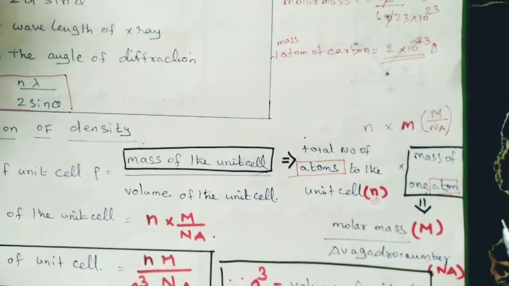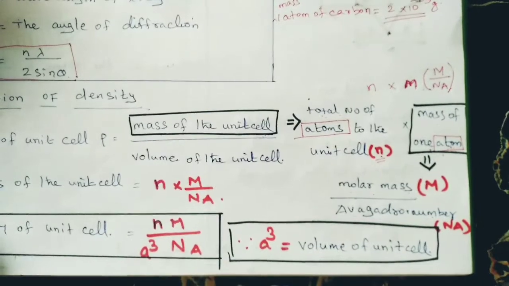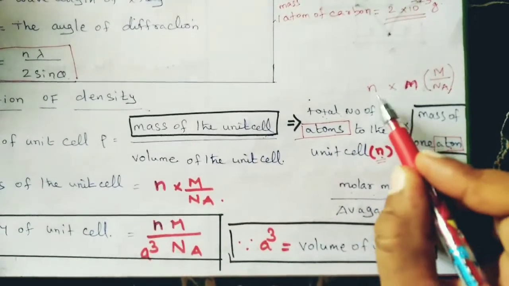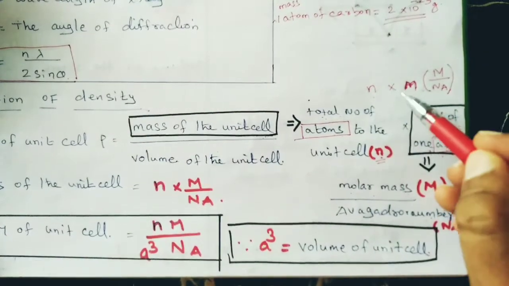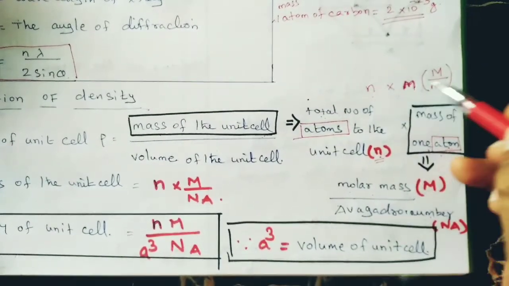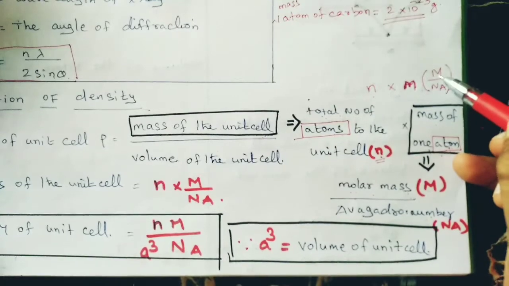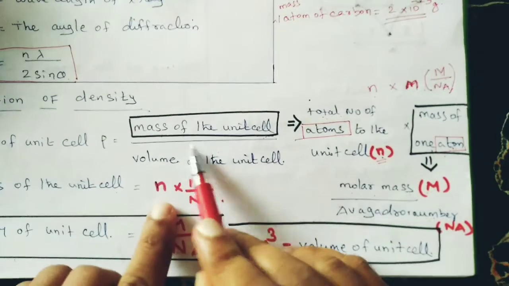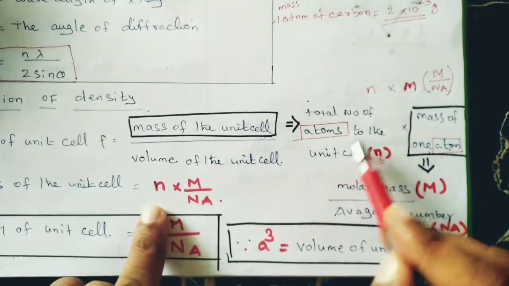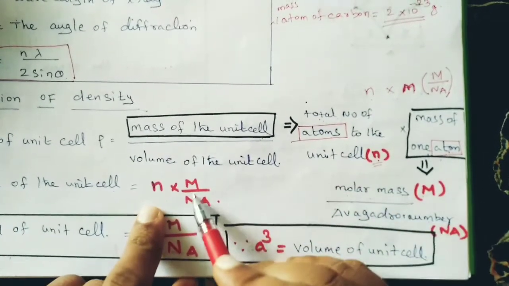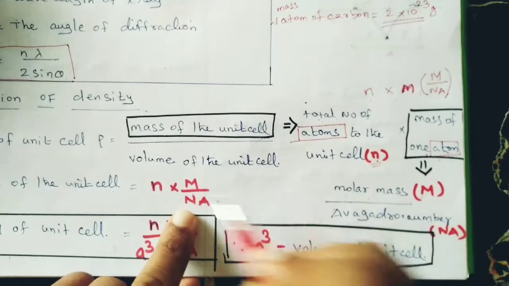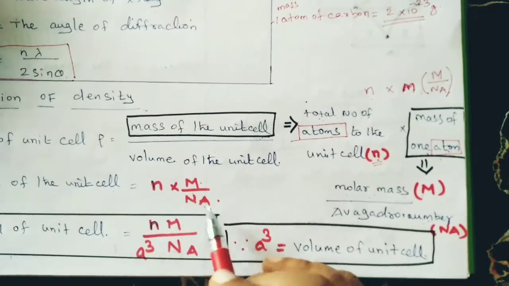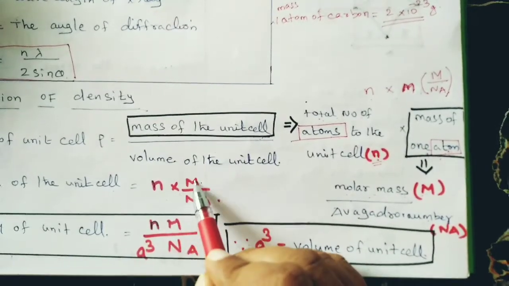Next, when we substitute this, n is the total number of atoms, and for small m we substitute the molar mass M divided by the Avogadro number Na. So the mass of the unit cell is n, the number of atoms in the unit cell, into capital M divided by Na.